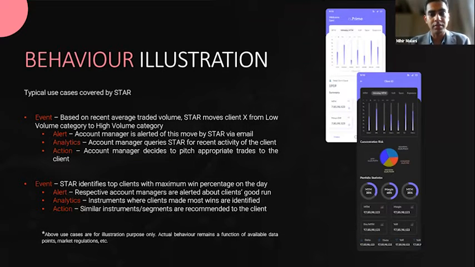For example, how this will work is, let's say one client moves from a low volume category to a high volume category one fine day, or, let's say, in the middle of the day. Alerts are thrown out to the respective account managers as well as concerned people within the bank. The managers can then look at the activity of the client and then recommend certain investment products to the client.